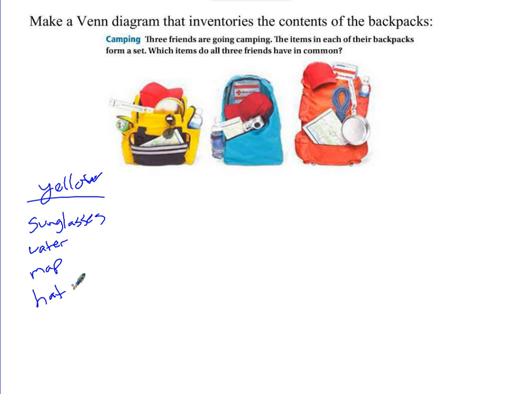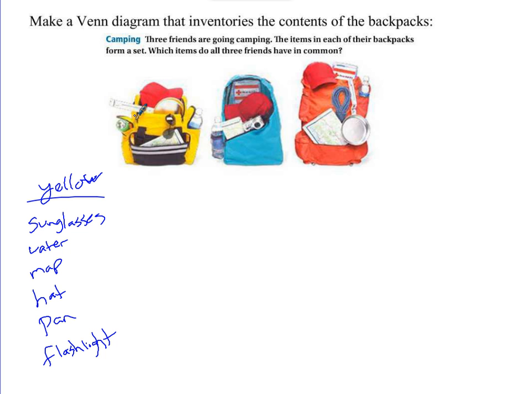Good. Yeah, that looks like a pan to me right there too, so pan. What else? There's a flashlight right there. Anything else? That's it. This thing right here is the handle to the pan.